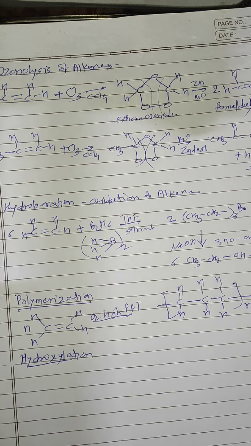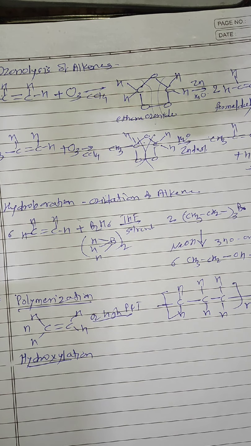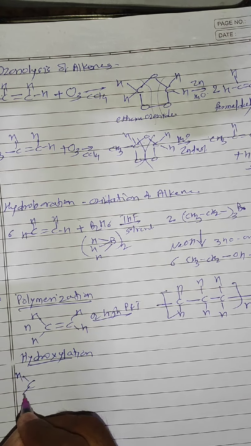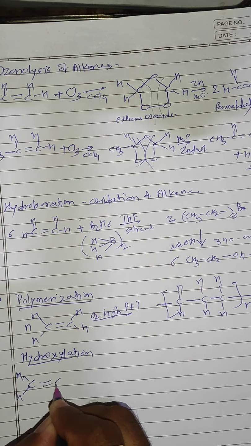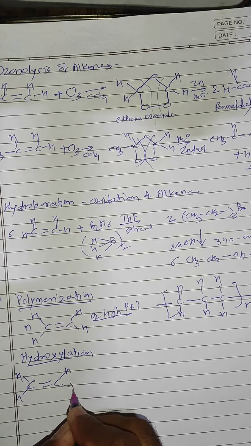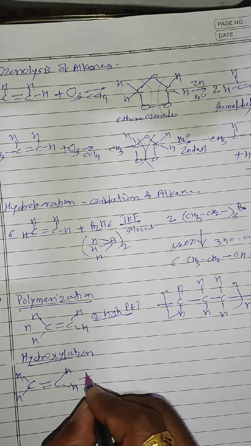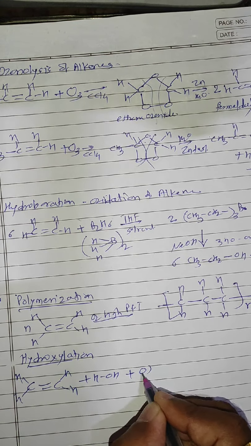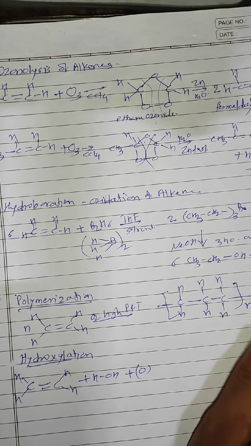In this case, an alkene like ethene, CH2=CH2, is treated with H2O in the presence of nascent oxygen.